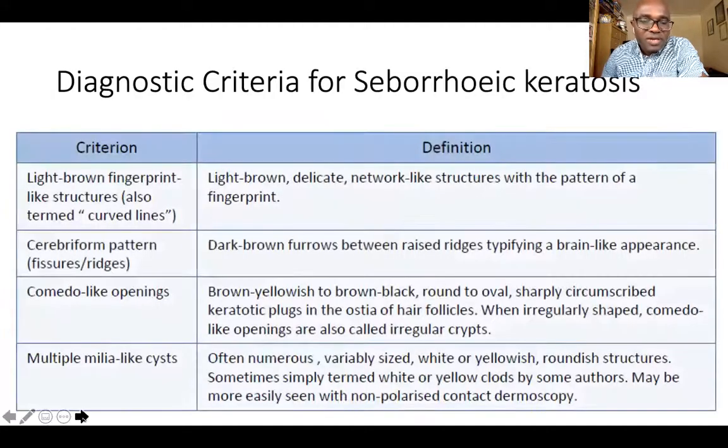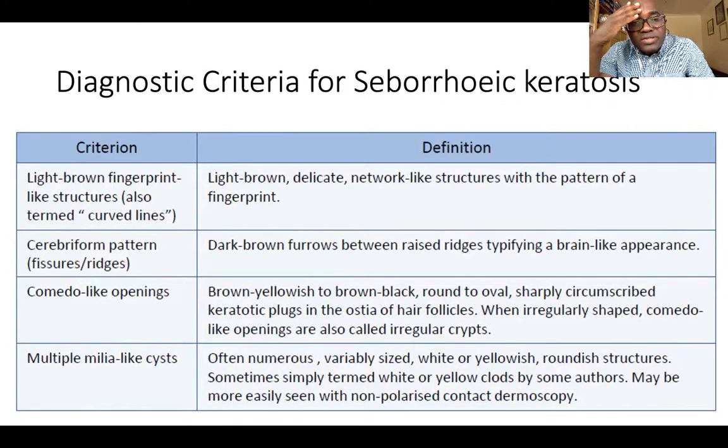So the second criteria that we will be looking for in the first step is whether the lesion has a diagnostic criterion for seborrheic keratosis. Okay, so in the first step, again, you want to see: has the lesion got a diagnostic criterion for seborrheic keratosis?